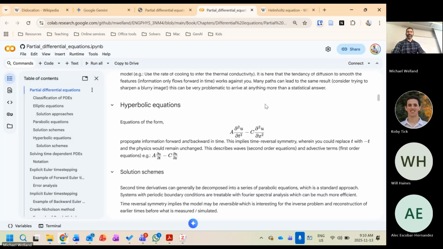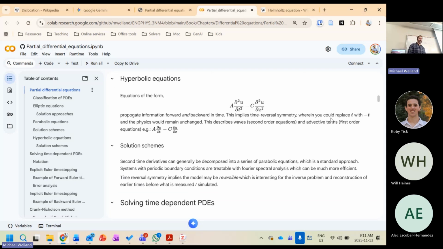Or you can look at hyperbolic equations. Hyperbolic equations have this form. They are the wave equations. And the interesting thing about waves is that you can backward propagate them. Waves move forward in time, and you could just reverse that and move backwards in time, to a certain degree.